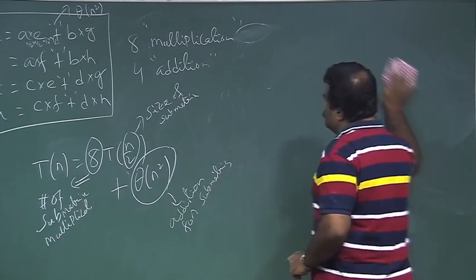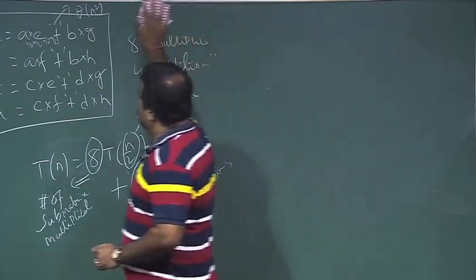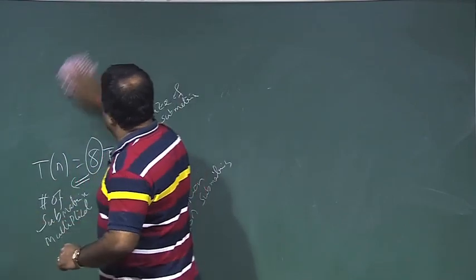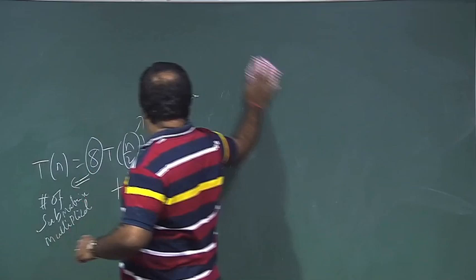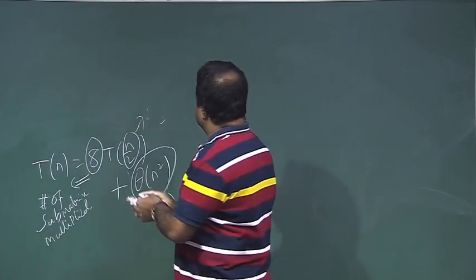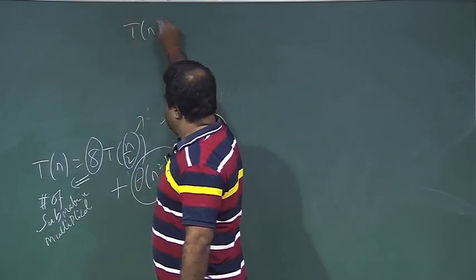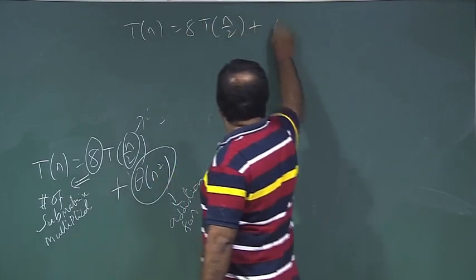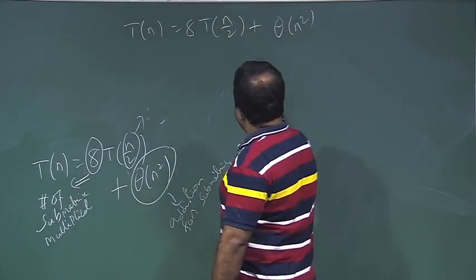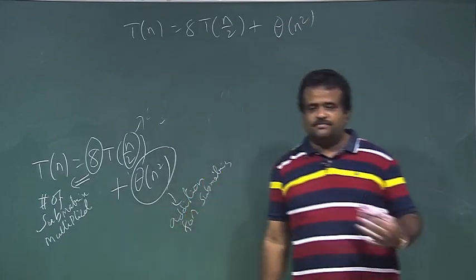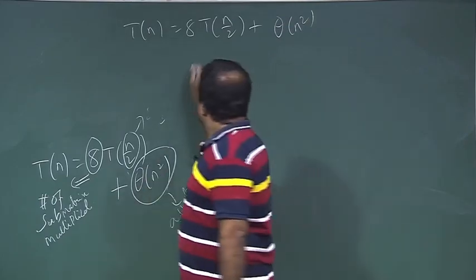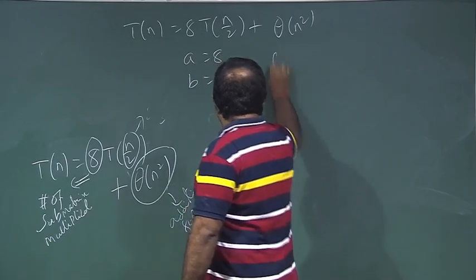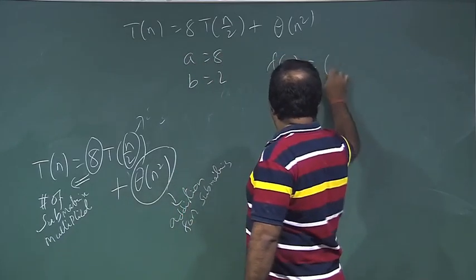Now we want to know the solution for this recurrence. T(n) is equal to 8 T(n by 2) plus theta of n square. We want to fit it into the master method. So, A is 8, B is 2, and f(n) is n square.